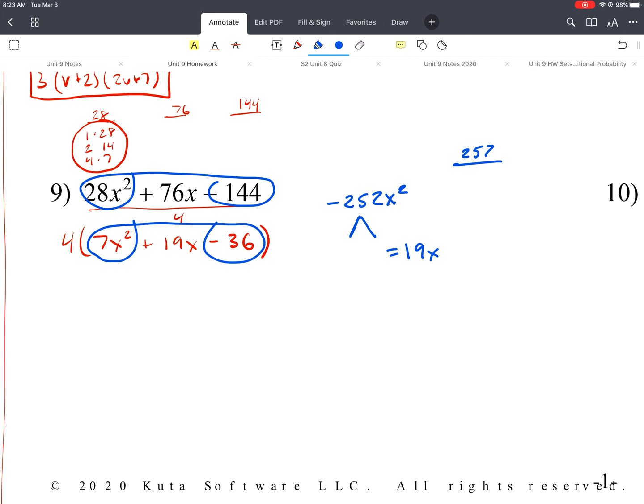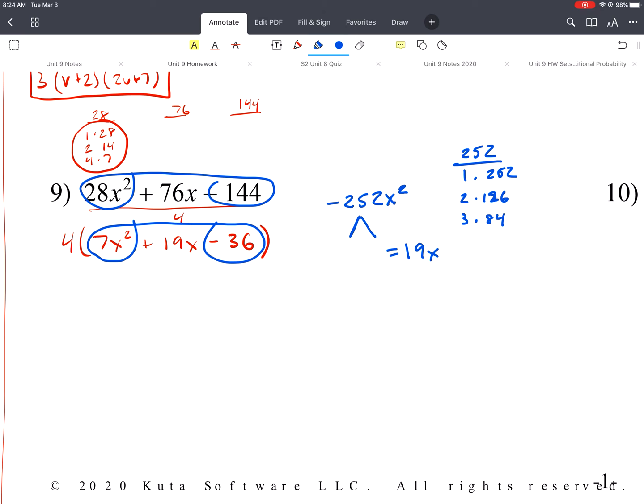You could do 1 and 252. You could do 2, and you get 252 divided by 2, 126, that won't work. I mean, that won't get us where we need to be. Divided by 3, you could do 3 and 84.